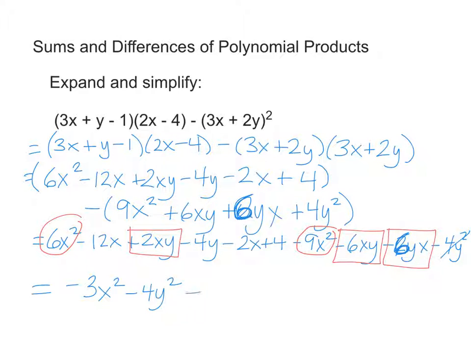You guys check my math on that. I have been known to make mistakes. But we had 2 and -6 and -6. So -10. And then the x's, -14x, because there's -12 and -2. And all that's left is the -4y and the +4.